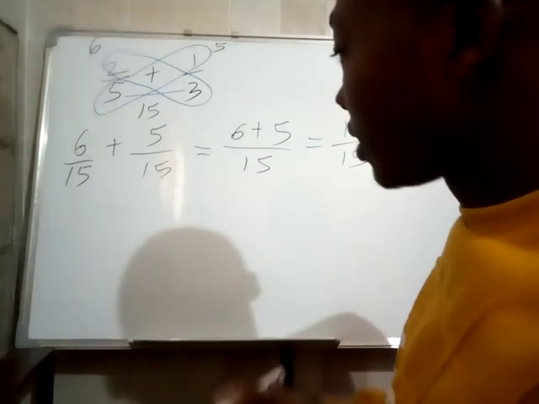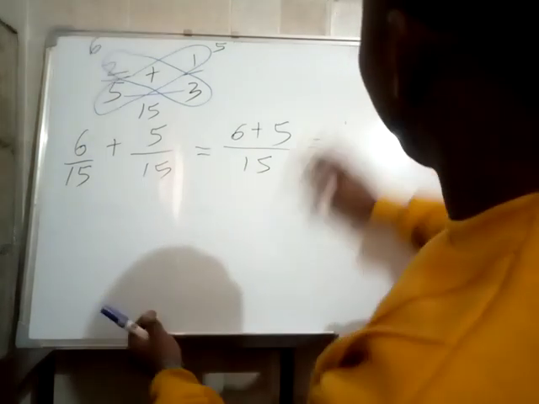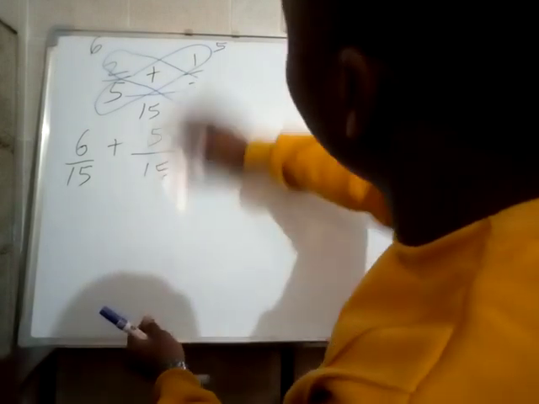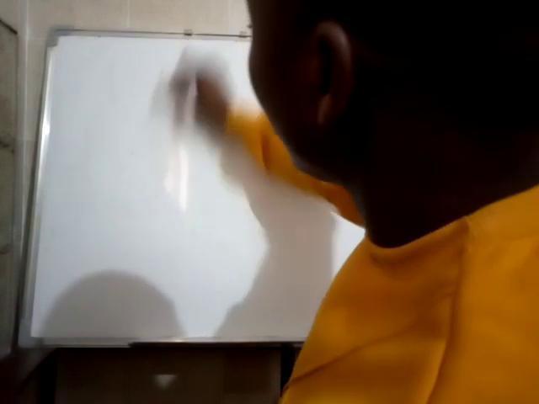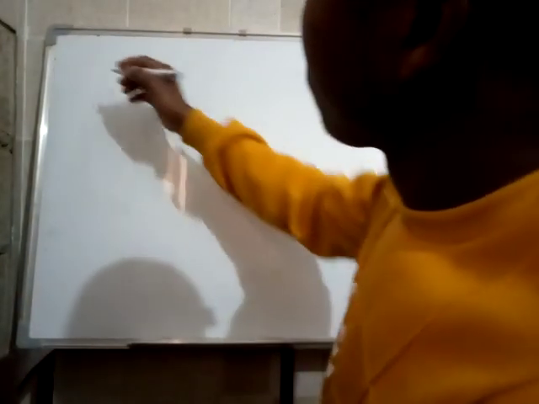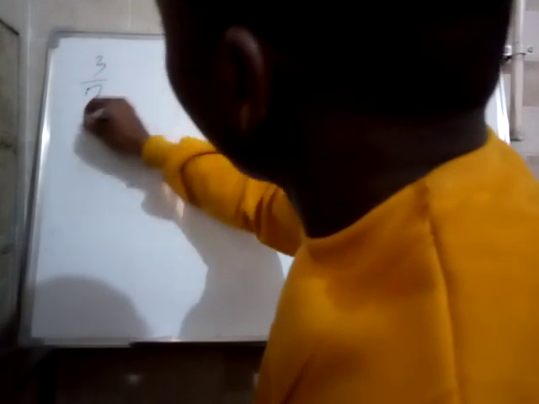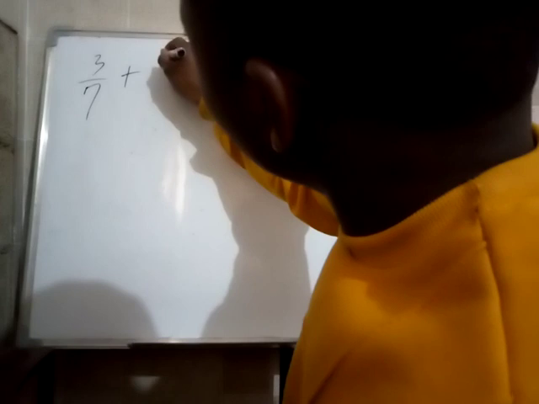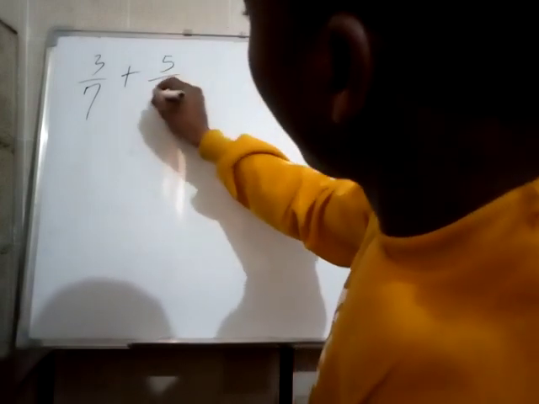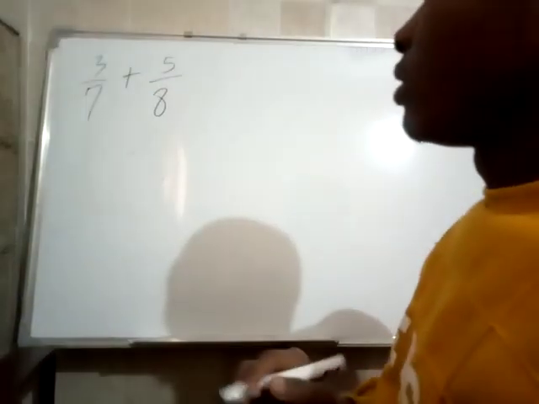Let's take a look at another example, adding fractions with unlike denominators. Let's say we have 3/7 plus 5/8.